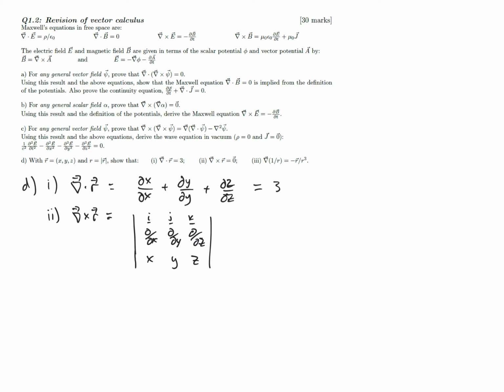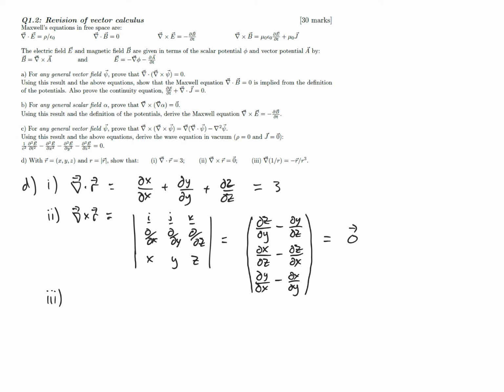And when you work it out, it gives this, which is, of course, just a bunch of partial derivatives, but given that x, y, and z are along orthogonal directions in our coordinate system, these partial derivatives are all equal to 0. We're looking at partial derivatives, and here we're looking at independent coordinates. So this whole thing is equal to 0 in each component, so this is really a 0 vector. Okay, fine. It's a pretty important result, pretty basic one to know, so it's good that we were able to prove it.